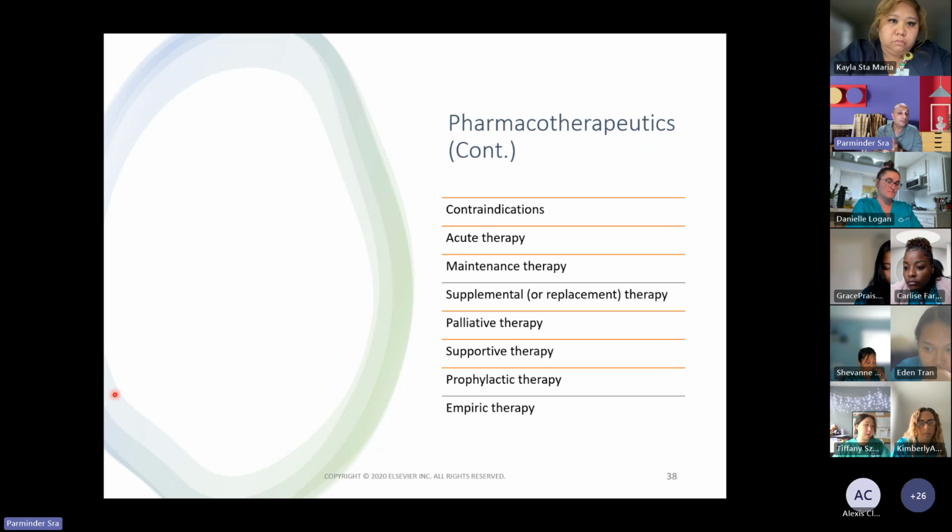So you use the broad spectrum antibiotic, which covers both gram positive and gram negative, until you get confirmation of which microorganism it is. Then you transition from broad spectrum to a narrow spectrum, more specific, targeted antibiotic. But the broad spectrum is called empiric therapy.